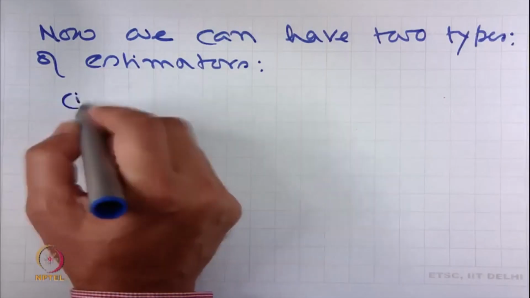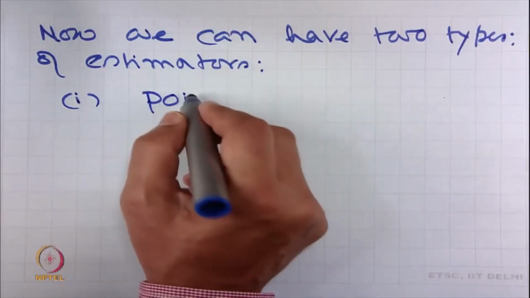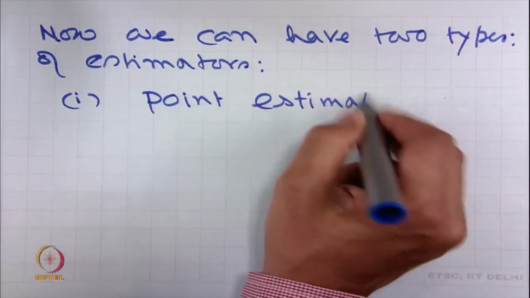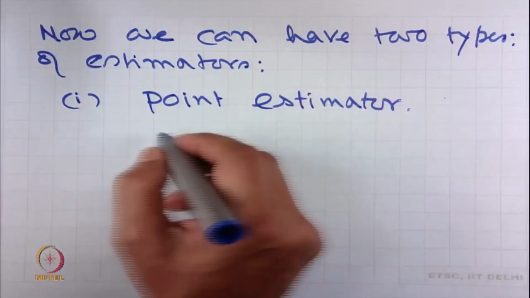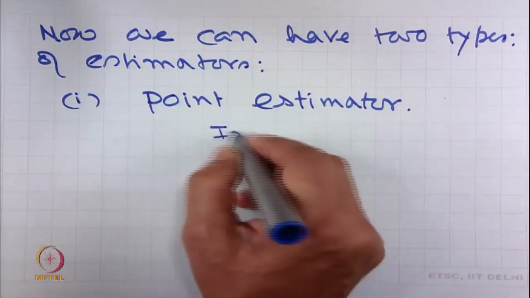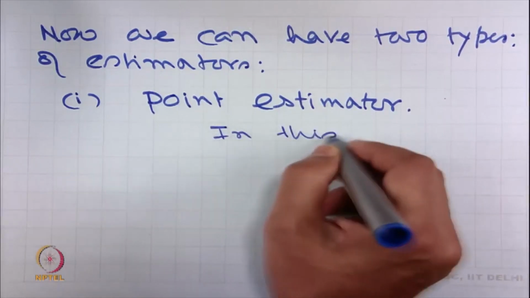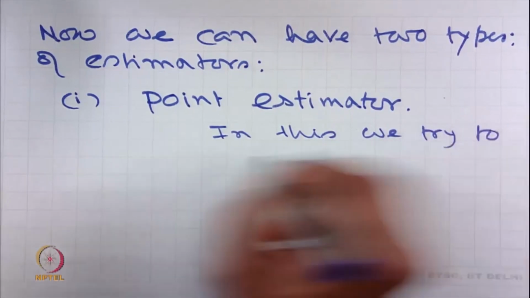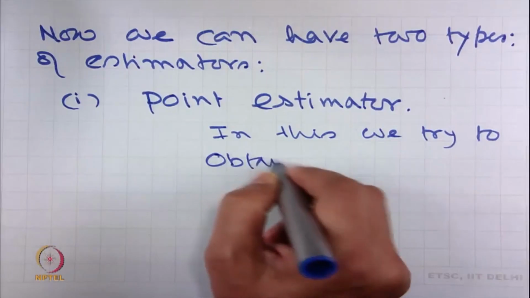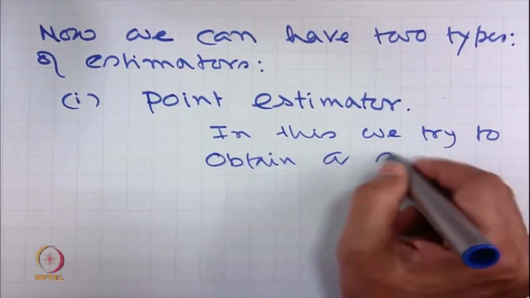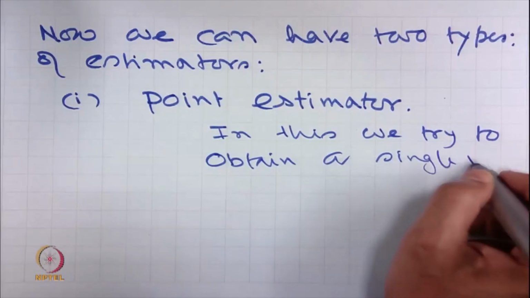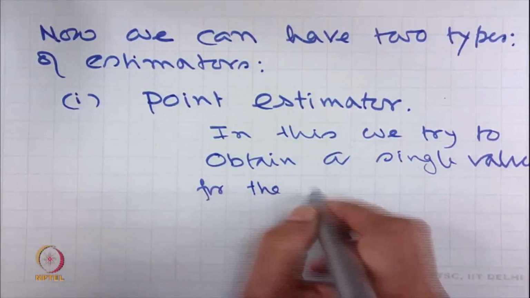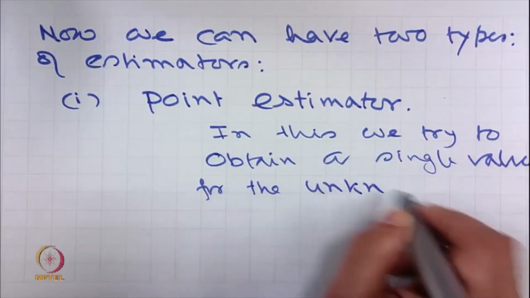One is point estimation or point estimator, in this case we try to obtain a single value for the unknown parameter theta.